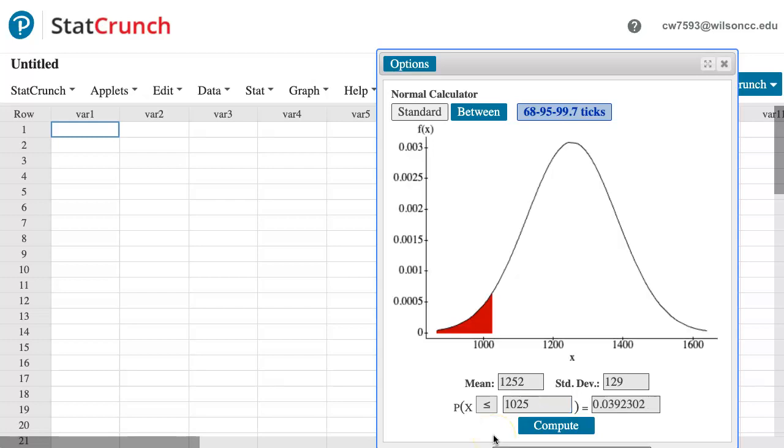And finding a percentile is the same as finding the probability that the random variable x is less than or equal to 1025 as given here in this particular problem. That's how we can obtain the percentile. It's the same as the area under the curve and to the left of 1025.